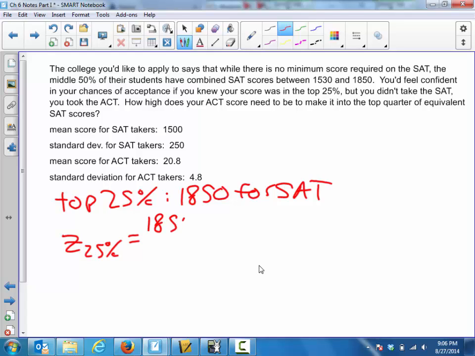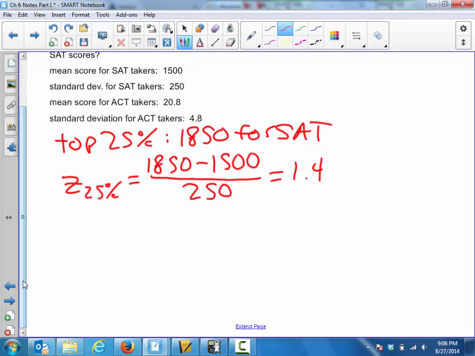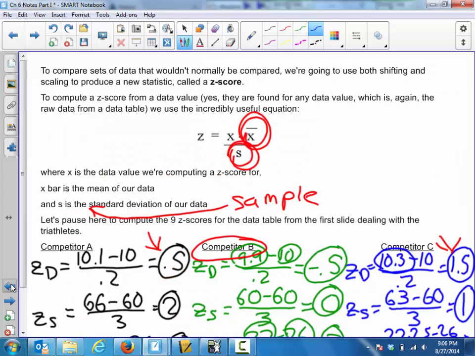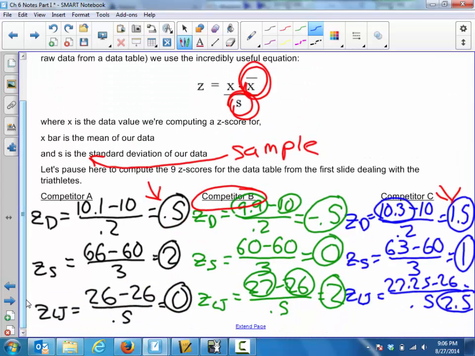We're going to find a z-score for that top 25%. I'm putting z-score sub 25% just as a way to keep track of what this z-score is referring to. That would be 1850, because that's the mark at which you hit top 25%, minus the mean of all SAT takers, 1500, divided through by the 250 standard deviation. And you get 1.4. That's the z-score for top 25%.